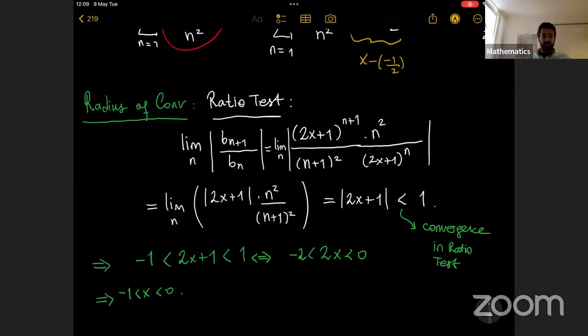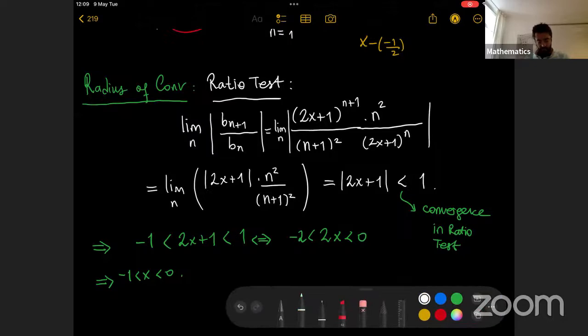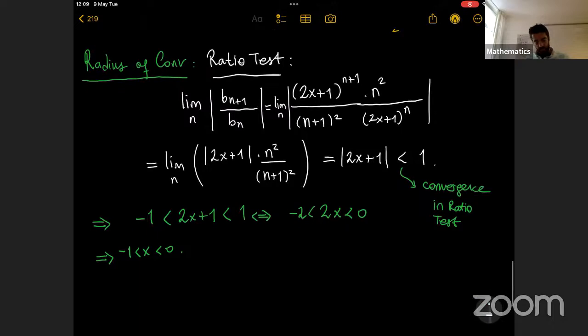We are almost done. Let me say a few words here. What is the radius here? Well, the radius is 1/2.